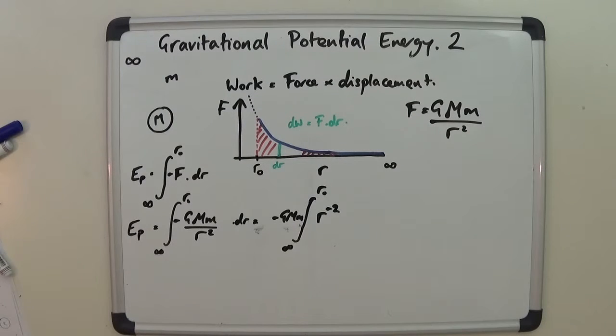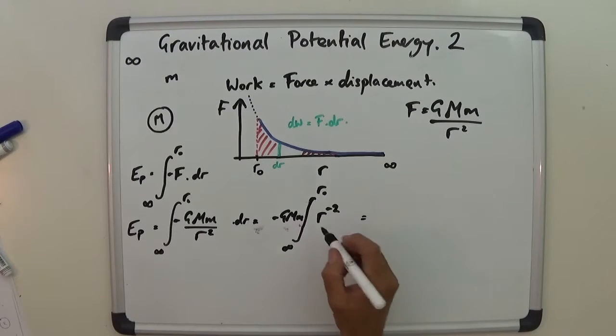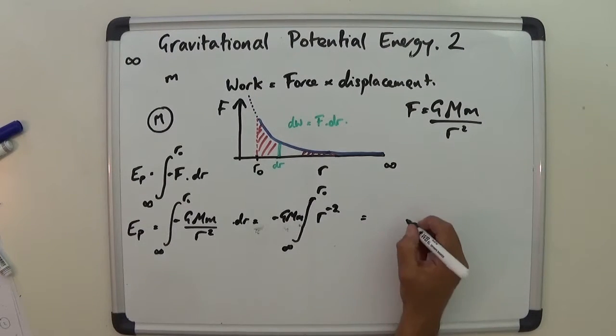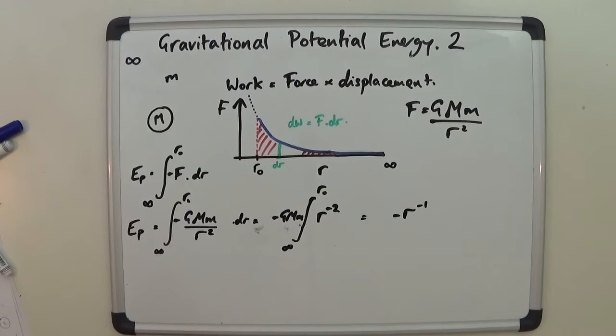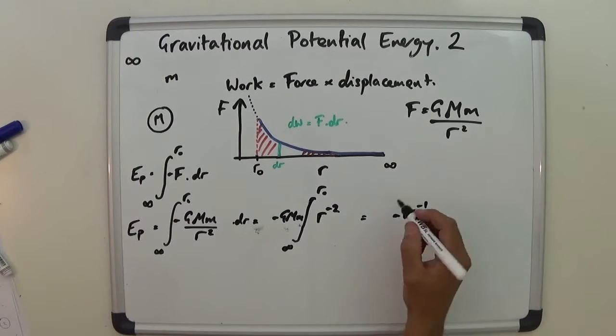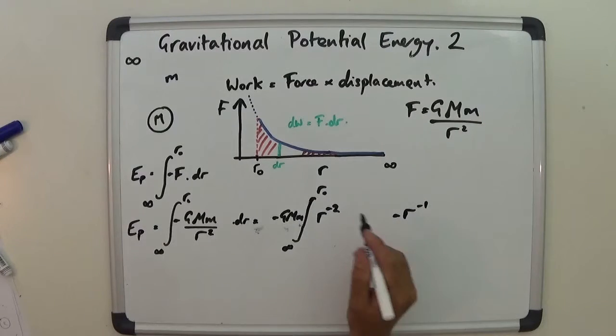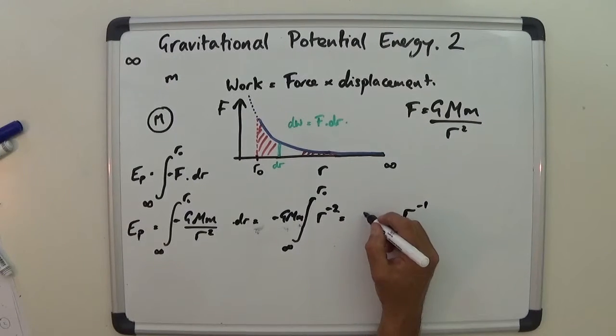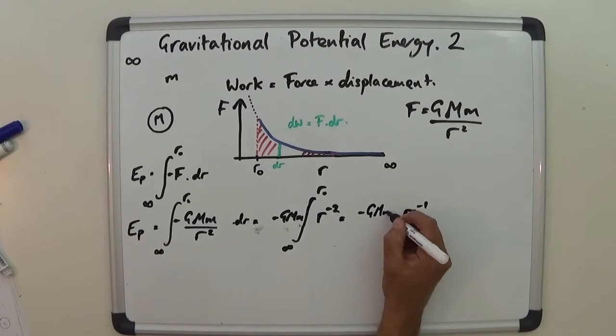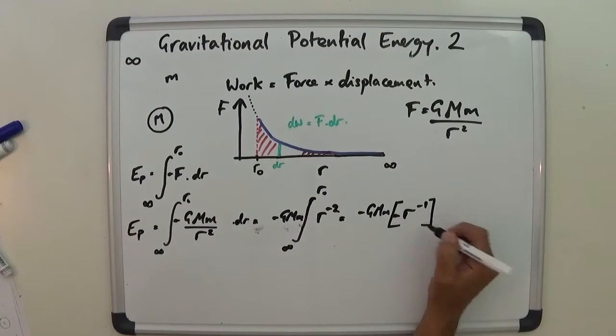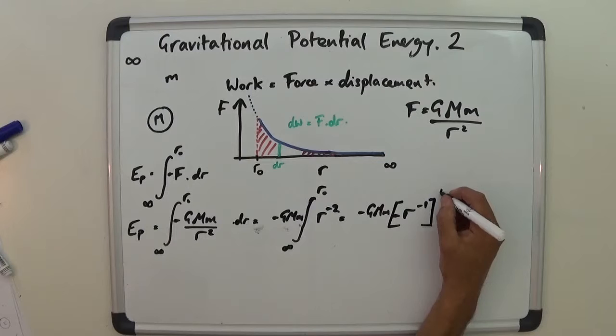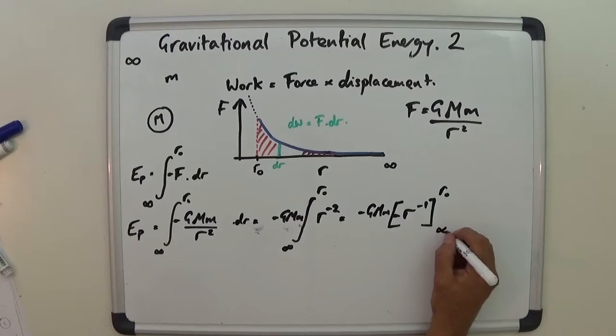Now if we integrate R to the minus 2, we get minus R to the minus 1. So we get minus GMm times minus R to the minus 1 between the values of R0 and infinity.